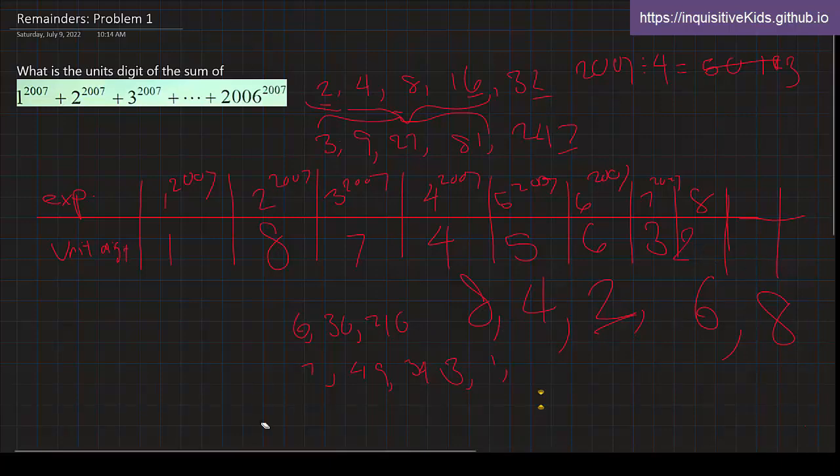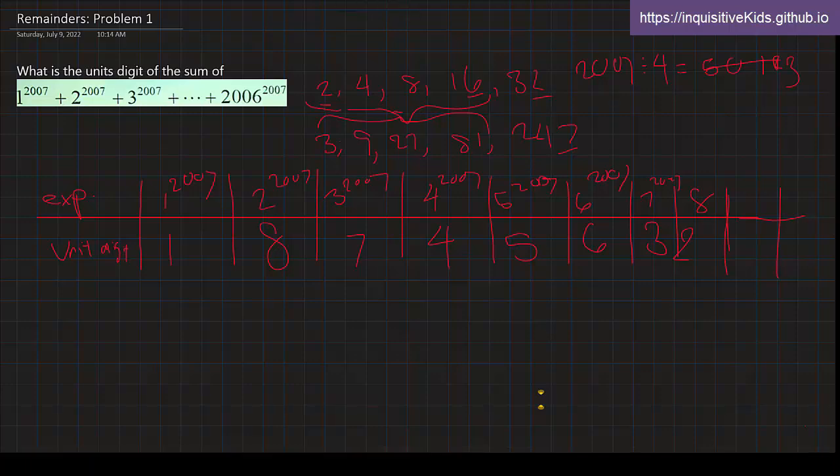So it seems like over here, there's no repetition yet because we're just getting every single digit from 1 to 9. The only digits we're missing are 0 and 9. So let's look at 9 right here. 9 is 9, 81, and back to 9 again. And again, 2007 is an odd number, so it's going to have a remainder of 1. So this is 9.